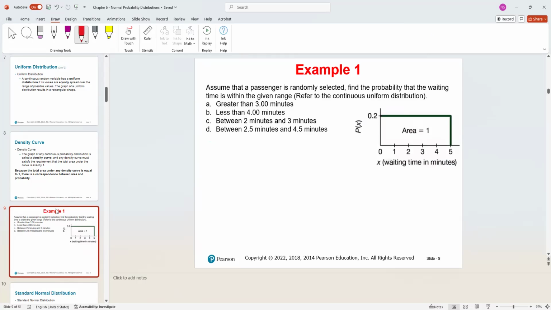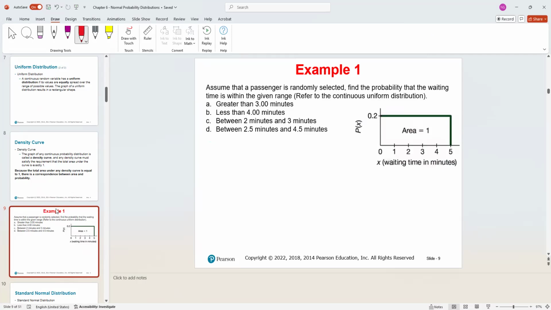Let's go first with this example: assume that a passenger is randomly selected, find the area that the waiting time is within the given range.